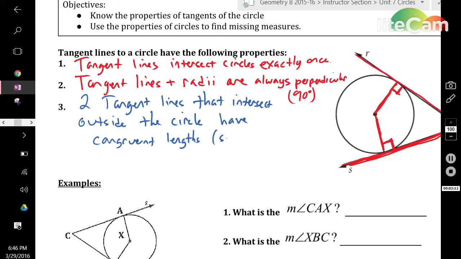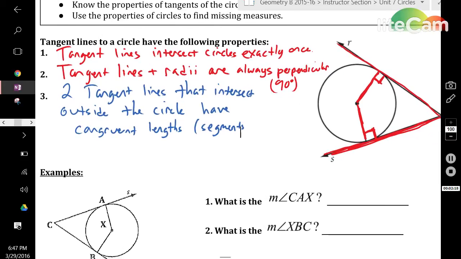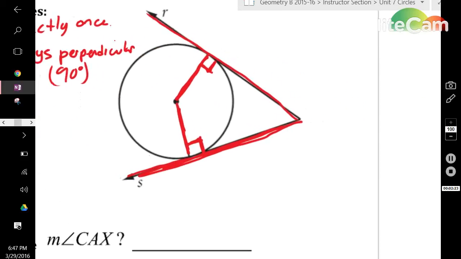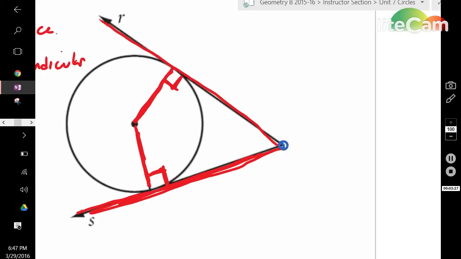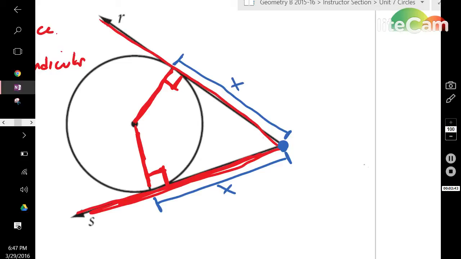And specifically talking about the segments from the point of intersection to the point of intersection of the circle. So in blue, I'm going to draw these two lines intersect outside the circle at this blue point. That means from here to here, this length is congruent to this length. So if that is x, this is also going to be x.